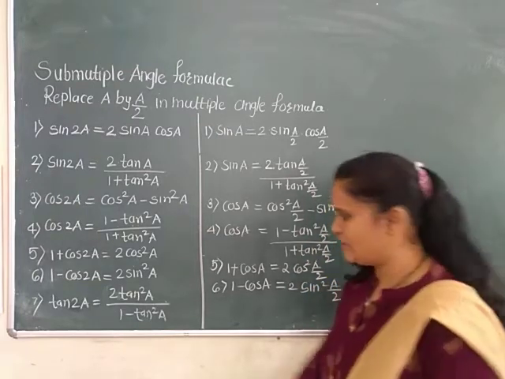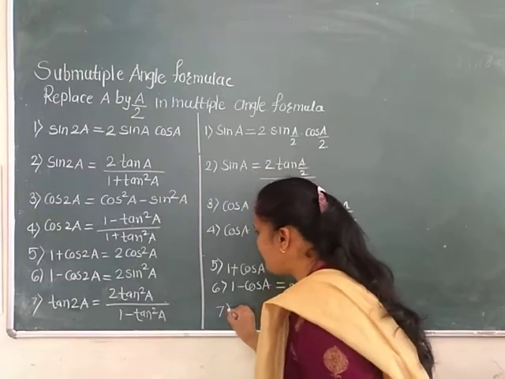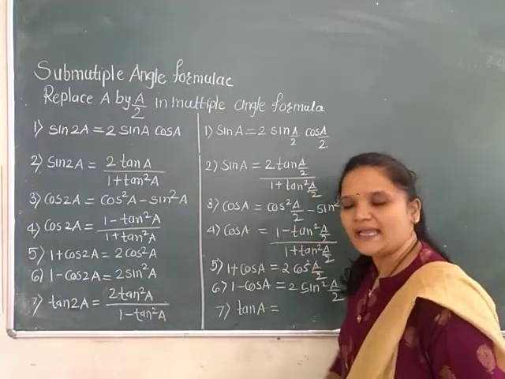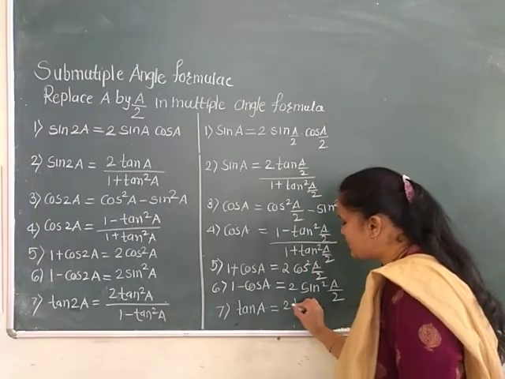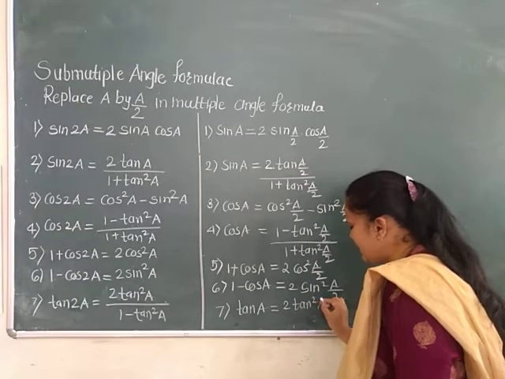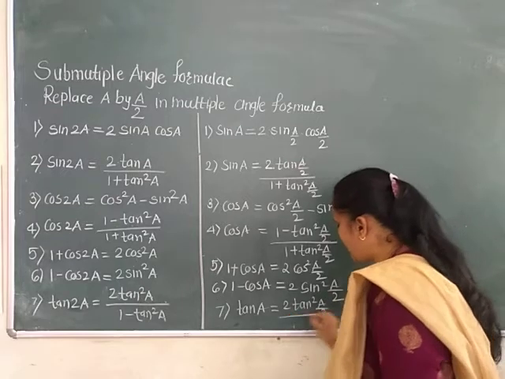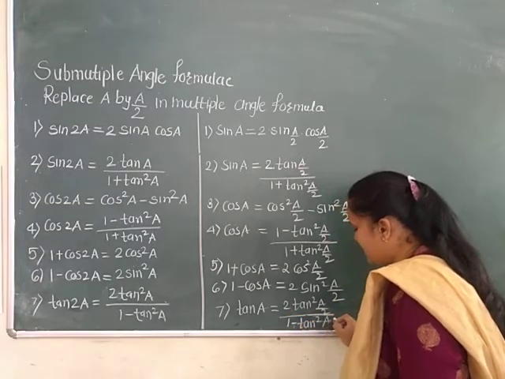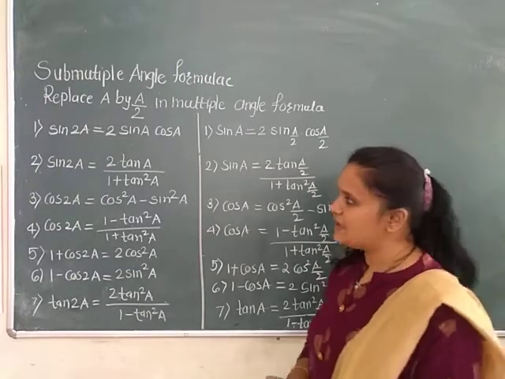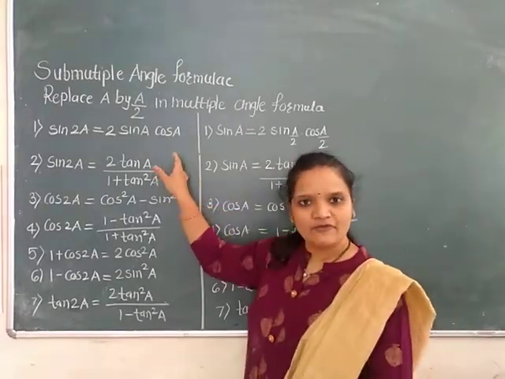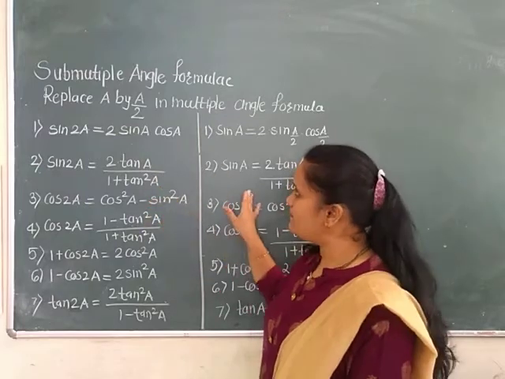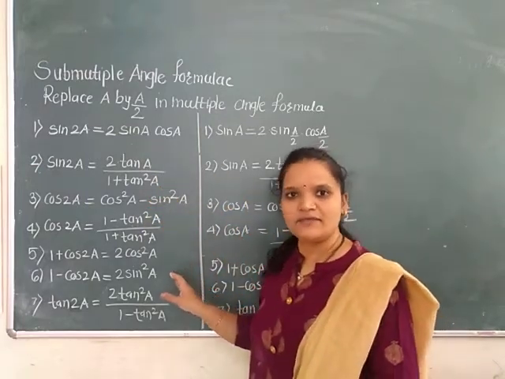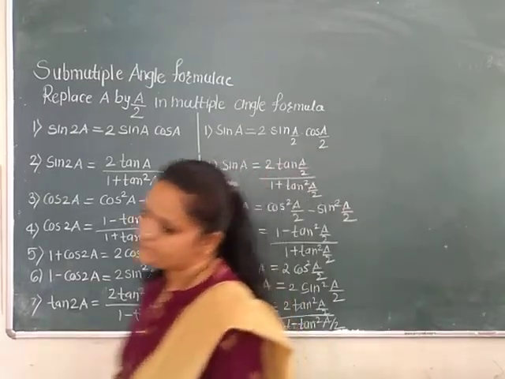And finally the seventh formula: tan of a is equal to 2 into tan a by 2 upon 1 minus tan square a by 2. So in this way, by using multiple angle formulas we have derived the sub-multiple angle formulas. First of all note down these and then we will solve some examples.